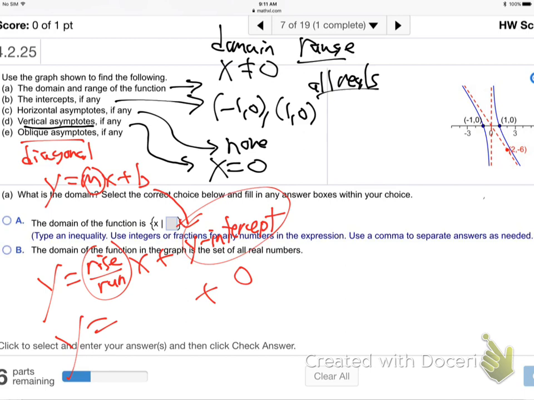It's going to go down 6 over 2. Down 6 over 2, rise over run, then you reduce that. That's -3x. There's the equation of the dotted oblique asymptote.